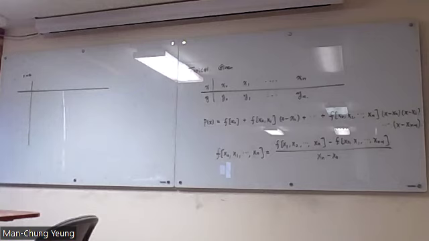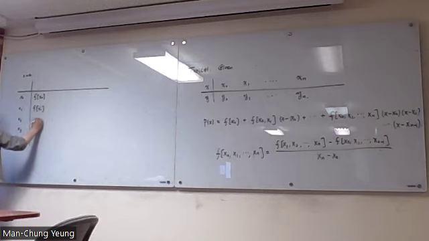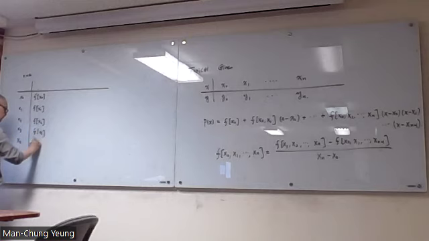The first column of the table is x0, x1, x2, x3, x4. The second column is the divided difference of order 0.